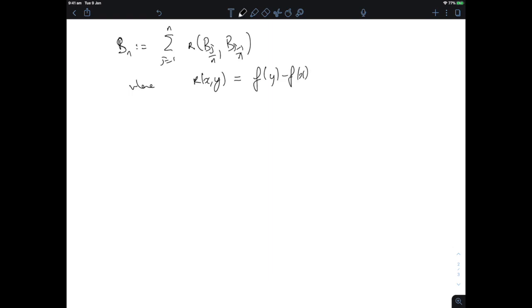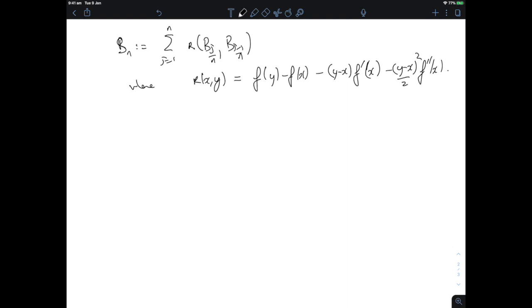Okay, so let us look at the term Sn, which is the sum j equal 1 to n of the little r of (B_{j/n}, B_{(j−1)/n}), where this little r is the rest in Taylor formula. So this is really equal to f(y) − f(x) − (y − x) f'(x) − (y − x)²/2 · f''(x).